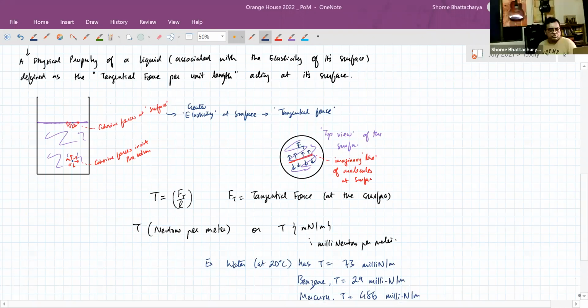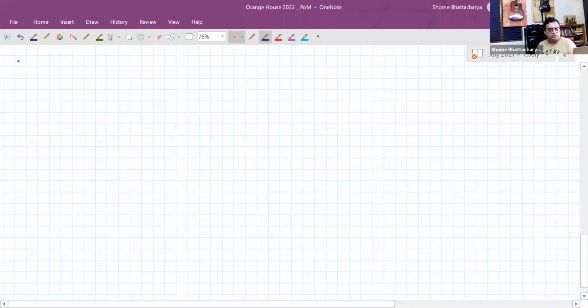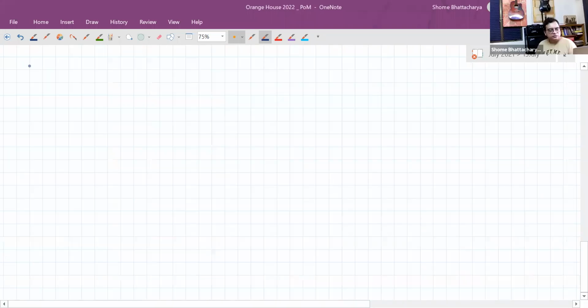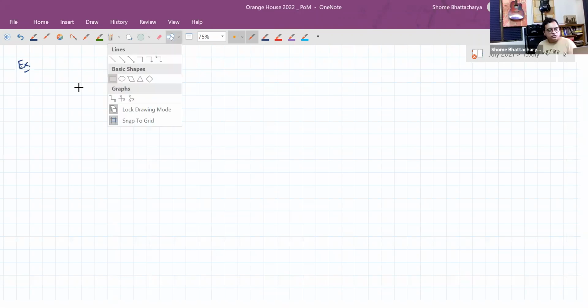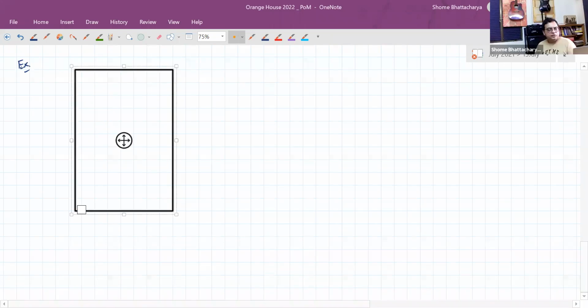Okay, so next let's understand an example to see how this is incorporated into calculation. So imagine we have this situation now that, in fact, this is like an experiment that you can do yourself also to verify the property of surface tension. Take some fluid which has a slightly higher surface tension than water.